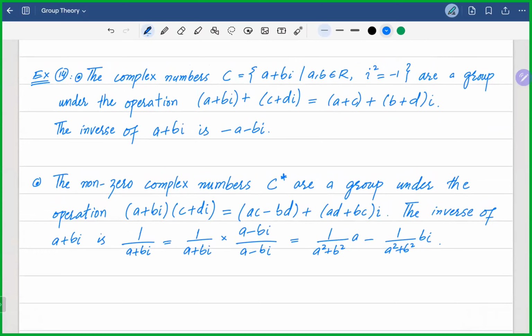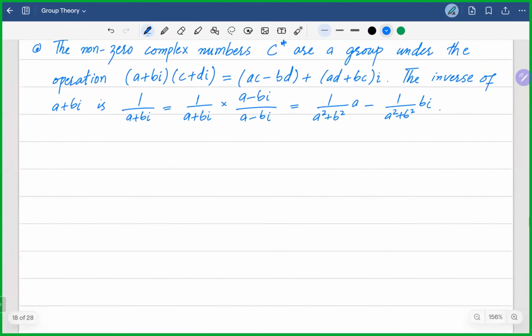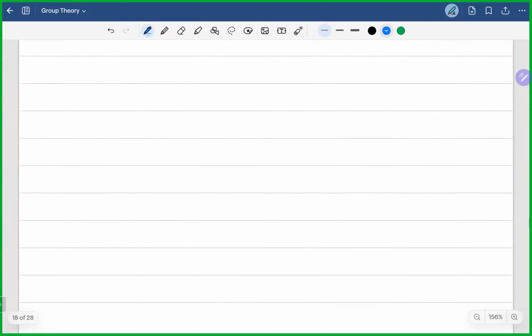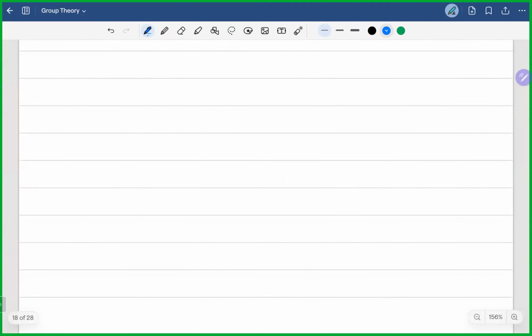Now we can give a more interesting one, which is example 15.